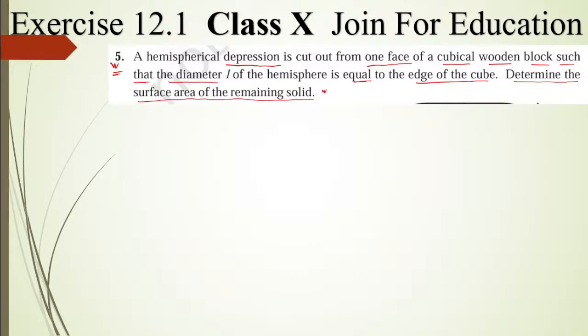To understand or solve the question easily, let's draw a relevant figure. So this is the cubical wooden block and this is the hemispherical part cut out from one face of the cubical wooden block.